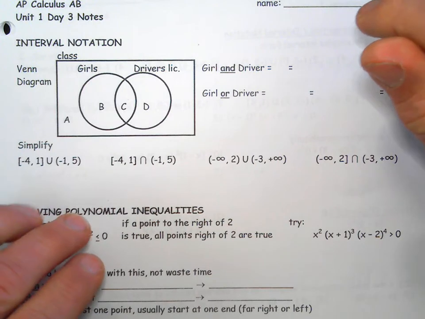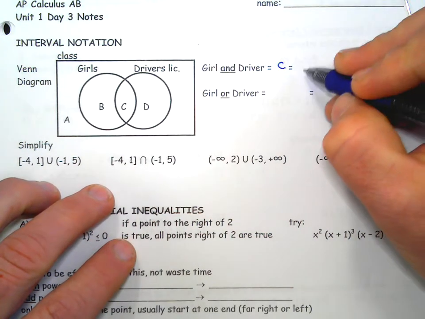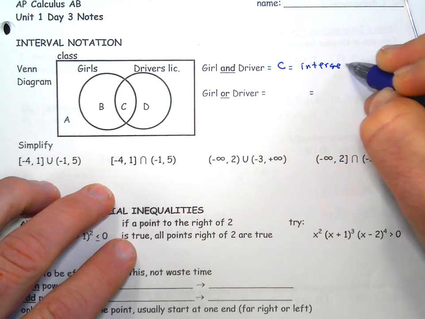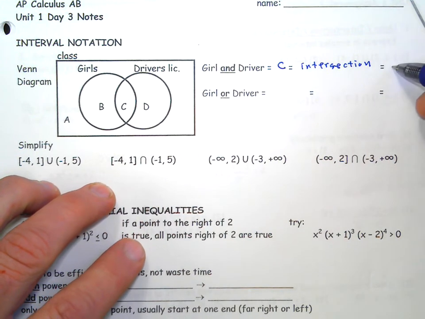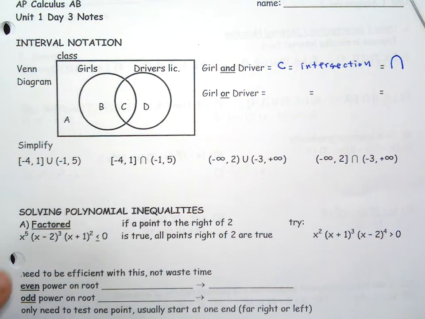If we look for girls and drivers, that would be region C. And we call that the intersection of regions B and D. It's where they overlap. The symbol for that is this upside-down looking, almost like a capital U. And so that's how we do that.